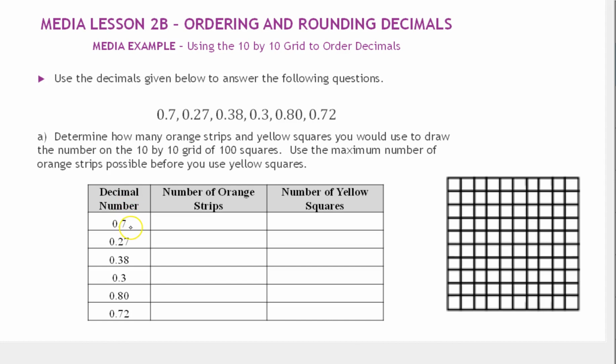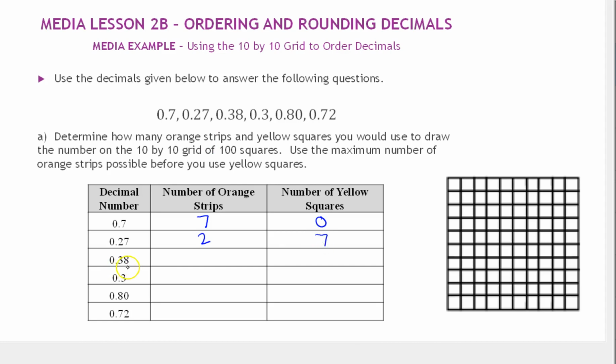So our first decimal number is 0.7, which is 7/10. So 7/10 is 7 orange strips. So we'd shade in 7 columns and 0 yellow squares. 0.27 or 27/100 is 2/10 or 2 orange strips and 7 yellow squares.